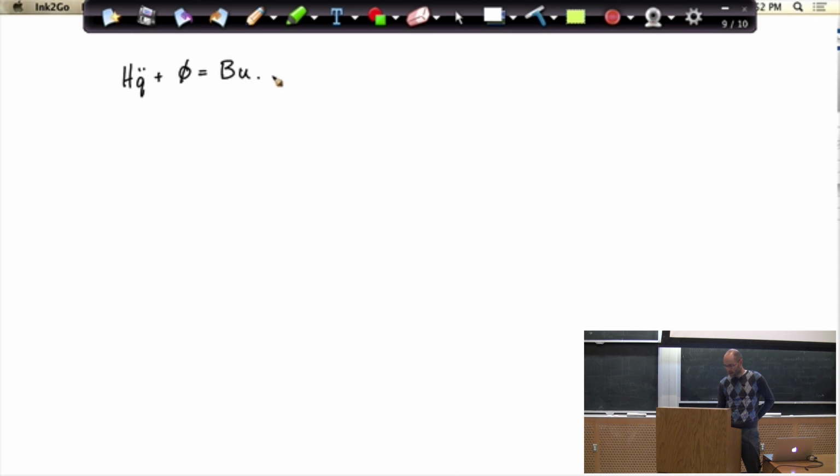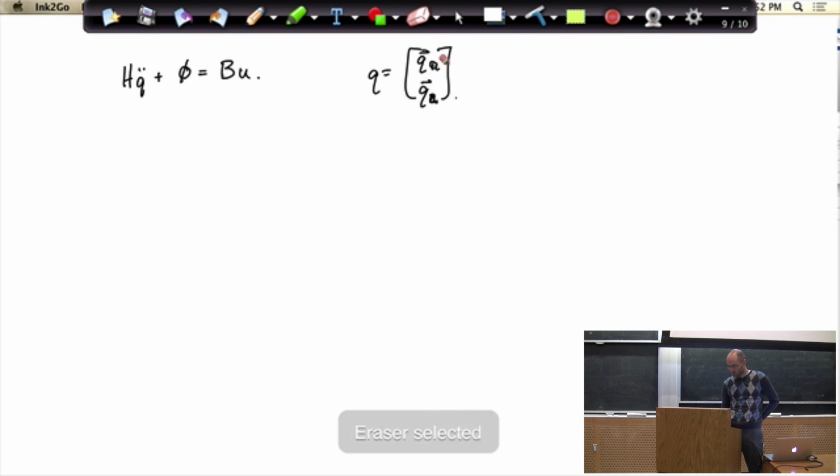If I separate out Q into the actuated degrees of freedom and the unactuated degrees of freedom, these will be vectors. Let's say I do this as the actuated and this is the unactuated. Then I can write this in a block matrix form.